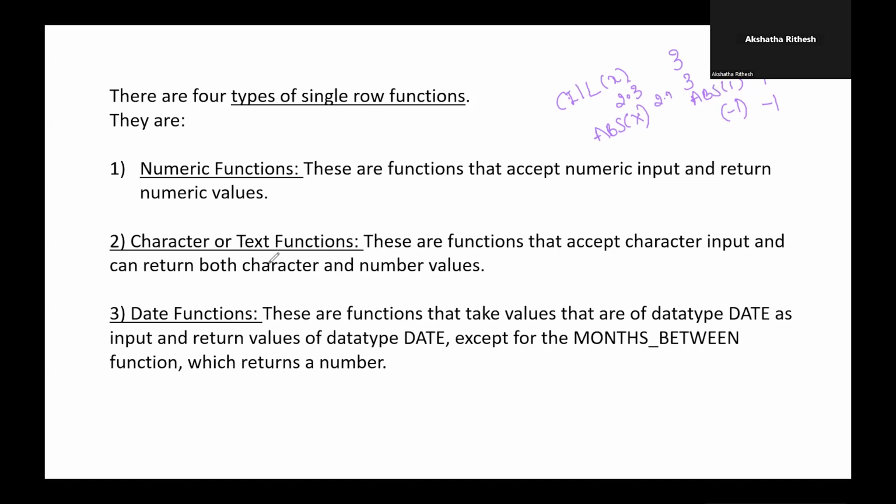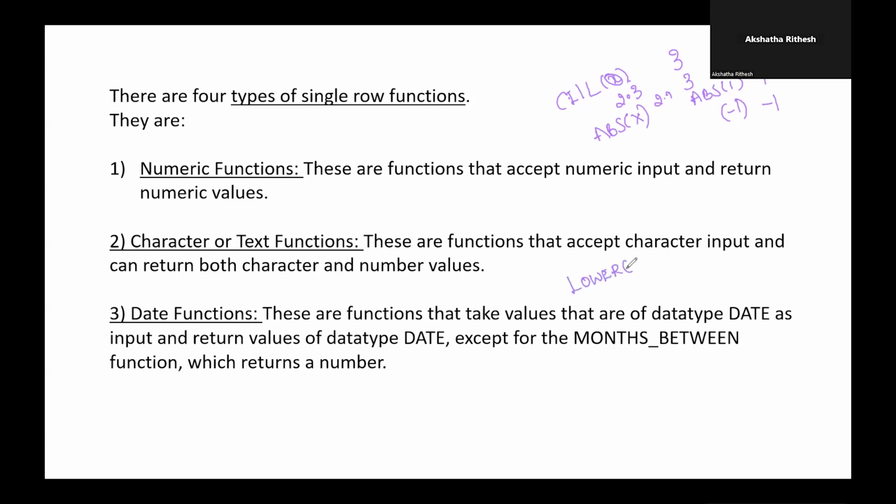Next, we have character or text functions. What do character or text functions mean? These are functions that accept character input and can return both character and number values. So here we are taking a character as input. For example, lower is one of the built-in functions.